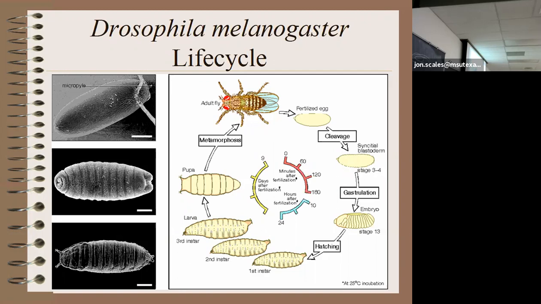But you have maternally produced mRNAs that are transported into the oocyte, and you also have maternally produced proteins. These are produced in cells that are not the egg, but are associated with the egg, and they have a connection, a portal that they can transport material into the egg through.